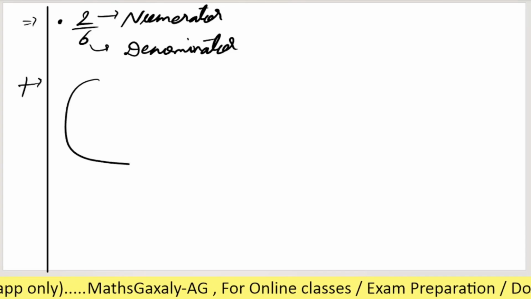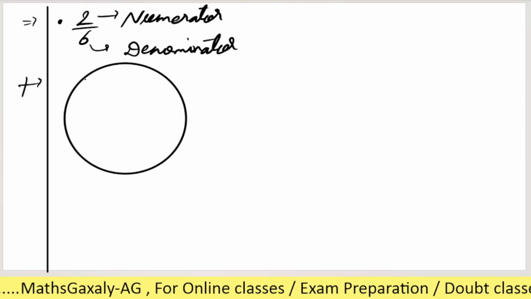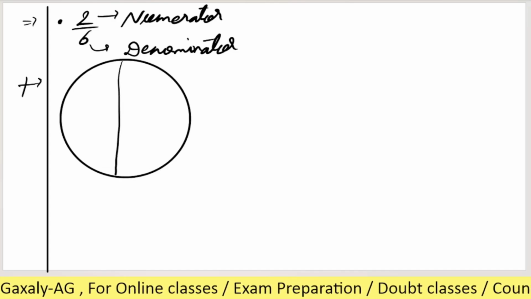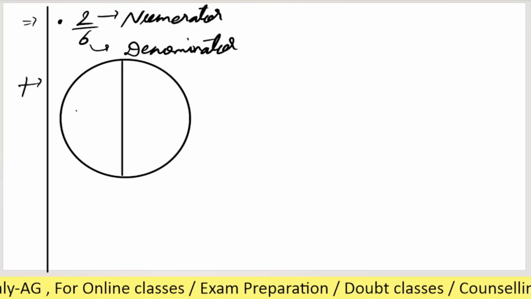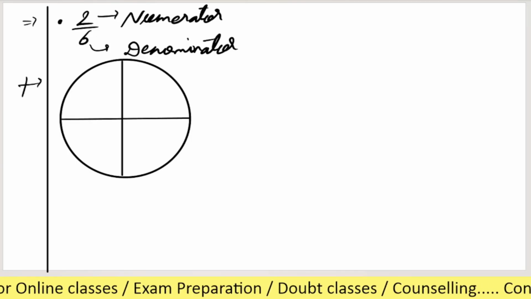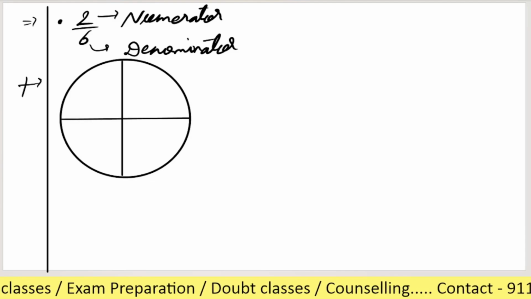This one you have to tell me: what will be the fraction for this? Suppose this is a circle and I divided it into four equal parts. Okay, how many parts? Four parts, as you can see here. And I shaded a few parts. Just wait a minute.